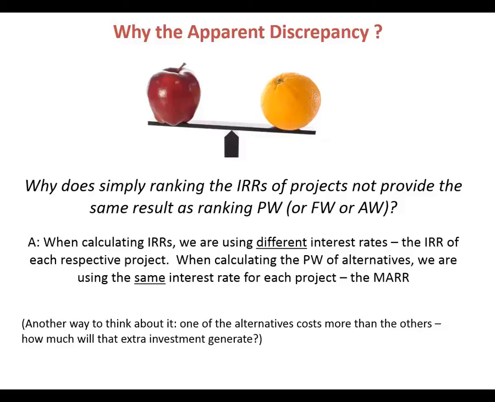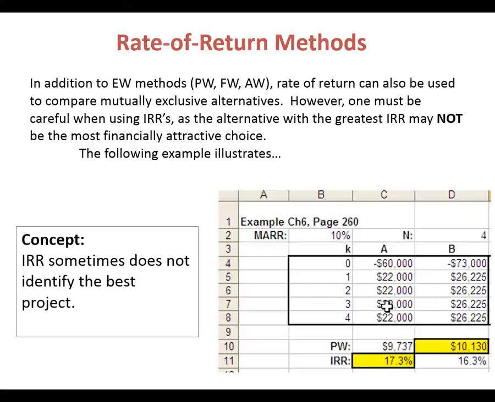And so when we calculate the internal rate of return between two projects, there's different interest rates. But when we calculate the present worth of the projects, we're using the same interest rate. And so the way that we're comparing alternatives is consistent when we were using the first of those two methods. When we did the present worth of both, we were using the same MAR.